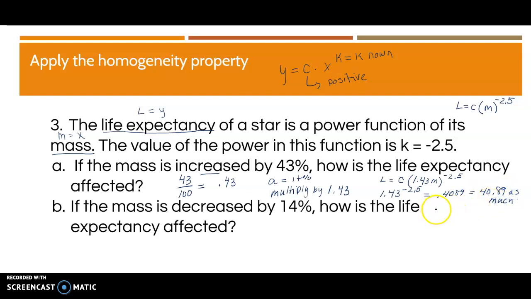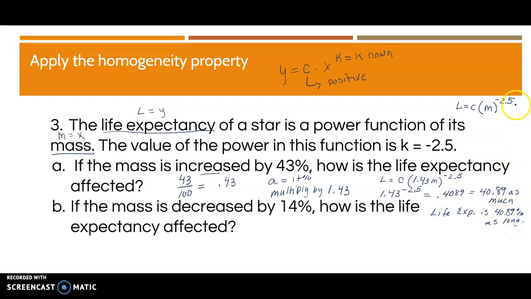So that would say that the life expectancy, because that was our y variable, is 40.89% as much, or as long. What's happening here is that as we increased the mass, our life expectancy actually went down.